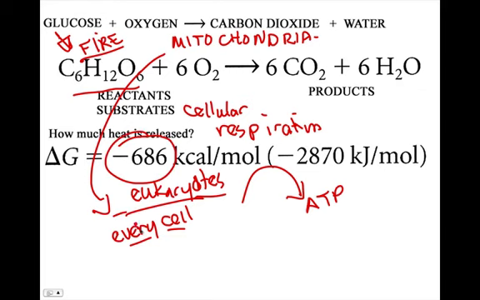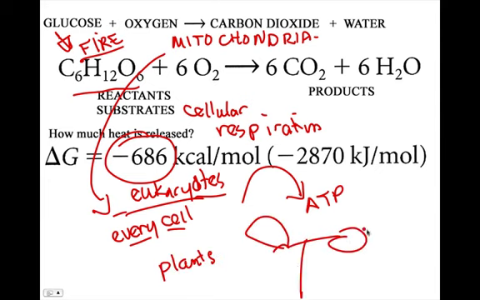So it's important when we're talking about plants to appreciate that in the leaf of a plant, there'll be chloroplasts photosynthesizing, and in those same leaves there will be mitochondria.